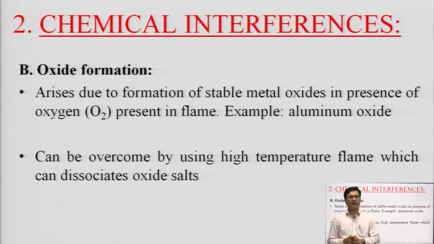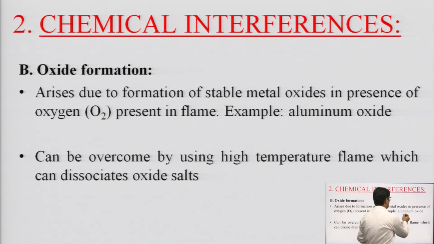Then another type of chemical interference is the oxide formation interference. It arises due to the formation of stable metal oxides in the presence of oxygen. We already know that we are supplying oxygen via the flame to burn it, so we cannot avoid the oxygen.